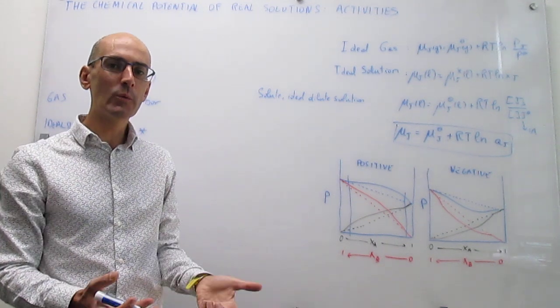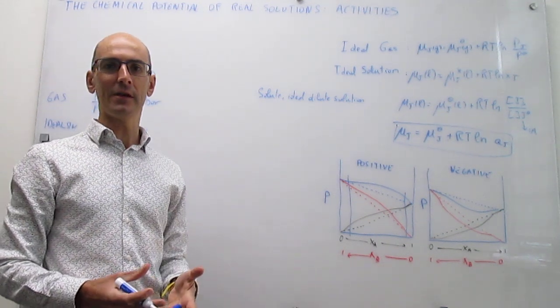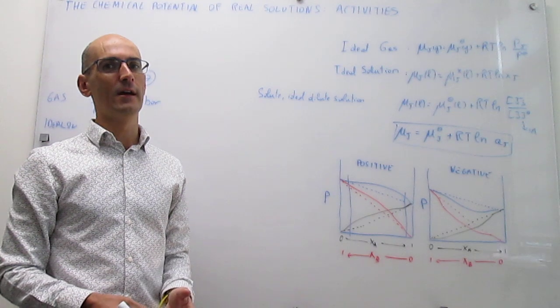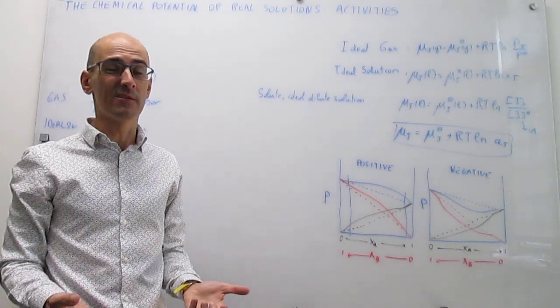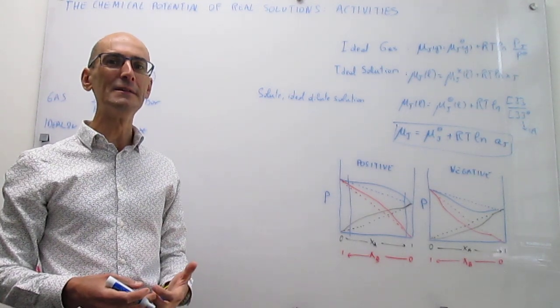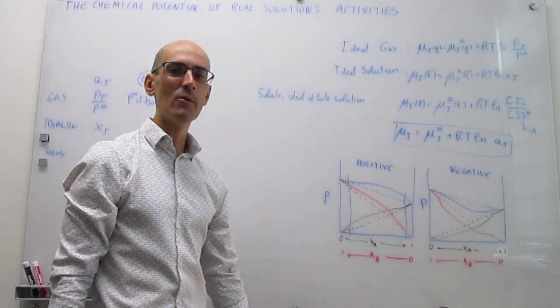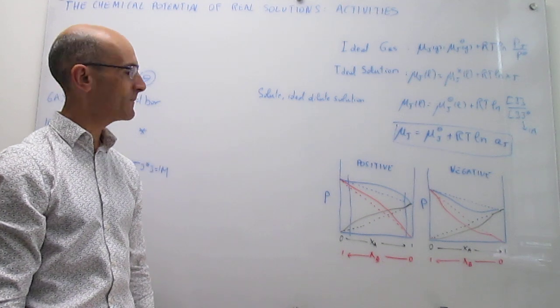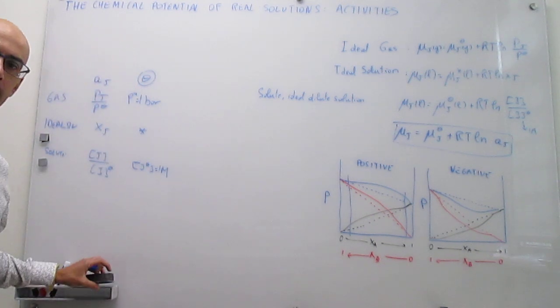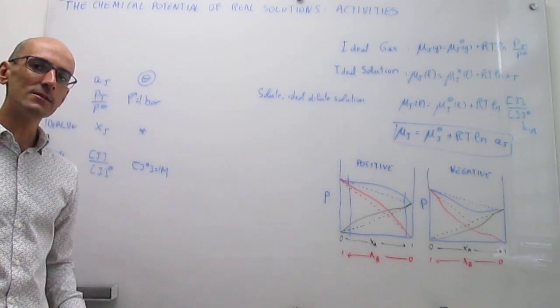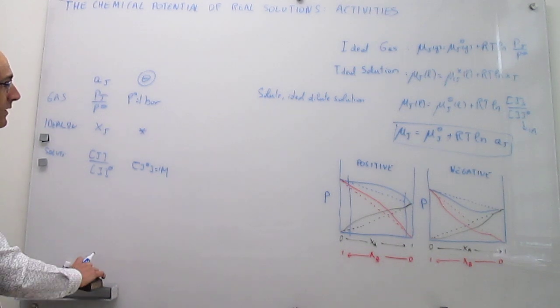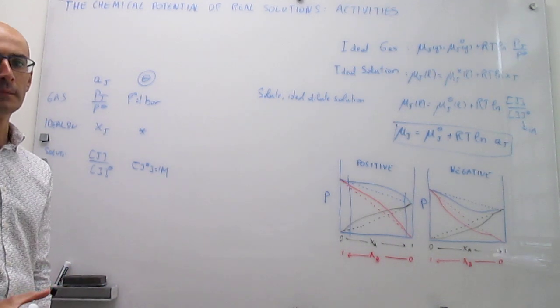So that's what we call a real solution, where you don't have any useful law whatever that can capture that behavior, right? So the question is, how do we handle then those real solutions which take place under most concentration conditions, right? Well, that's something where activities also come in handy. The way that we actually handle this is quite simple.